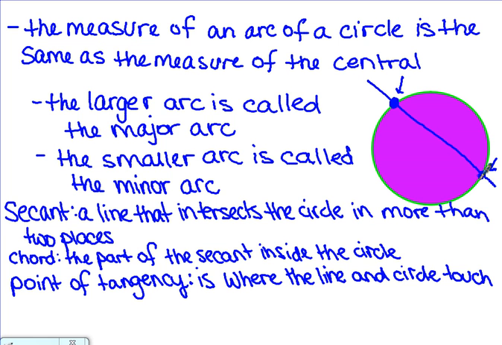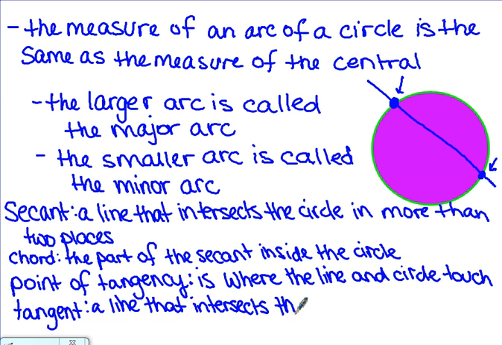Now, if we have a line that intersects the circle at only 1 point, the line is called tangent.